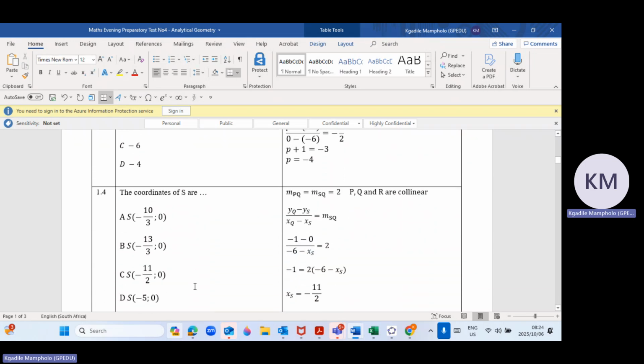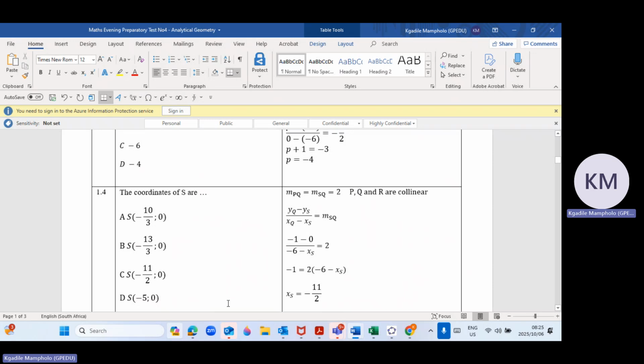1.4, determine the coordinates of S. Now, if you look at this, the gradient of PQ and the gradient of SQ is 2, because P, Q and S are collinear.